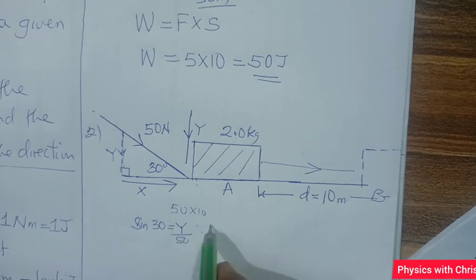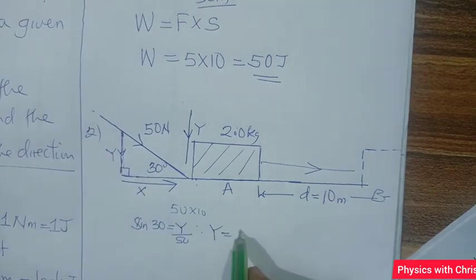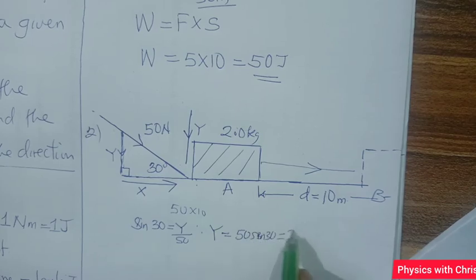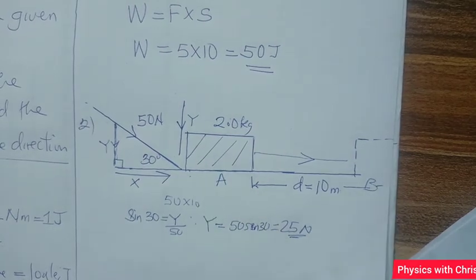So the vertical component, the y component, which is acting downwards like this, is 50 sine 30, which gives me 25 Newton. Of course, this 25 Newton is not the one responsible for the distance moved by the object, because the object actually moved this distance, which is horizontal. But the 25 Newton force acts in this direction, vertically.